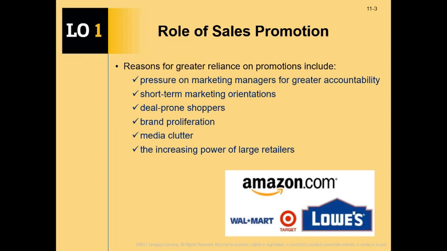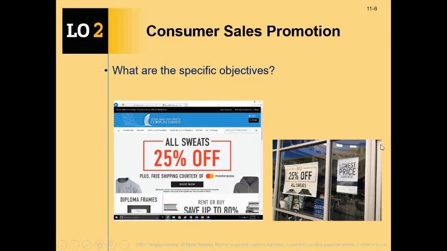So if your brand of tomato ketchup is going to compete against HEB's brand of tomato ketchup, and they sell for 50 cents less, for $1 less, you then have to use sales promotion to compete. Now let's talk about what are the specific objectives of consumer sales promotion.